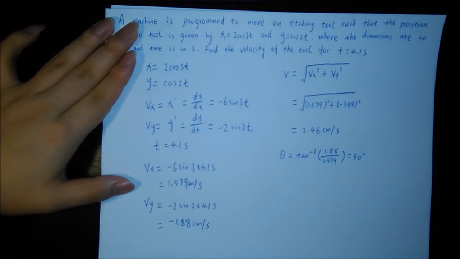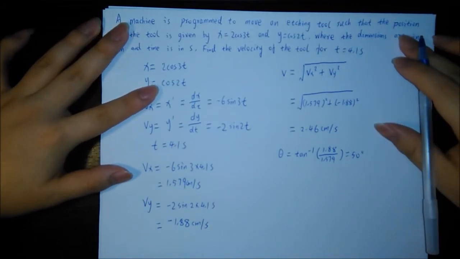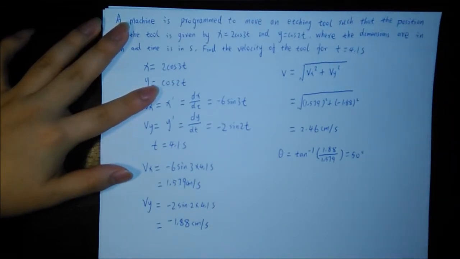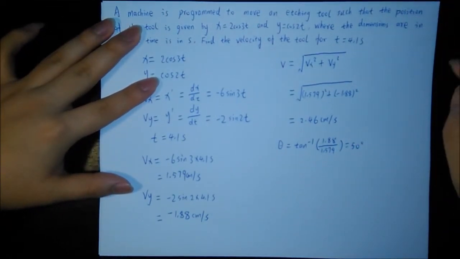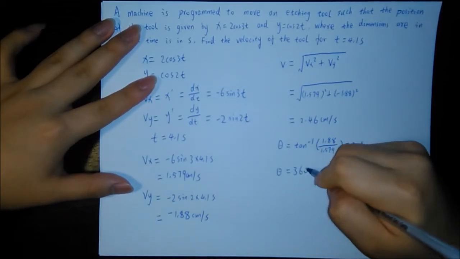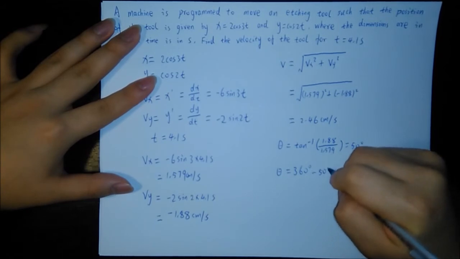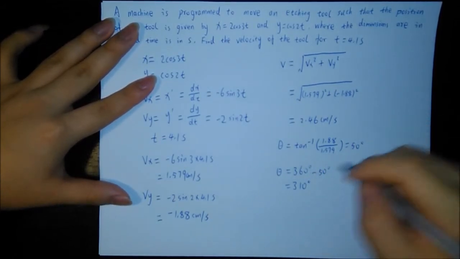But we can note that Vx is positive and Vy is negative, so it is in the fourth quadrant. So the angle is equal to 360 degrees minus 50, which is equal to 310 degrees.